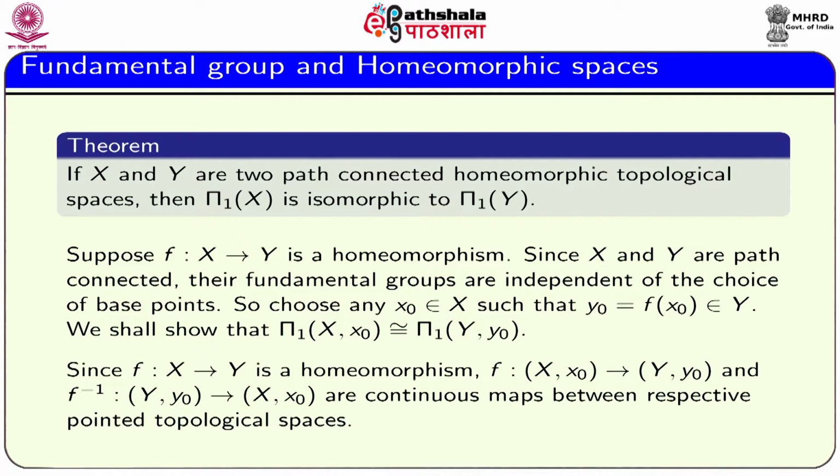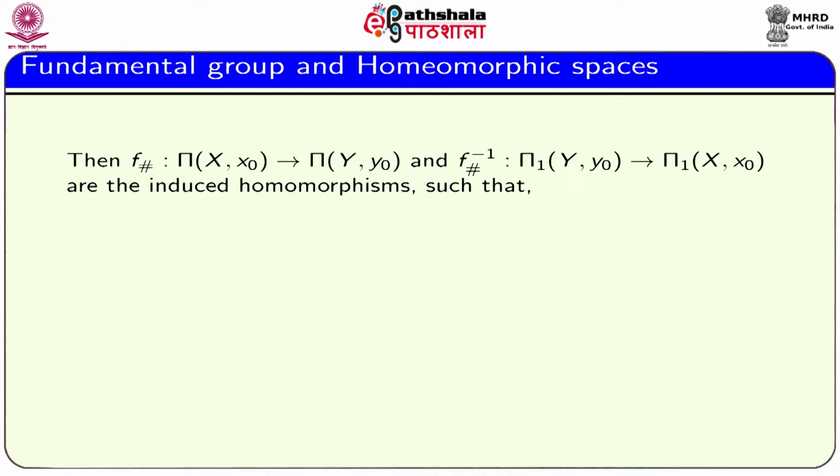Since f is a homeomorphism, f inverse exists and it is continuous. Then the derived homomorphisms, that is f sharp and f inverse sharp, are actually the inverse of each other.